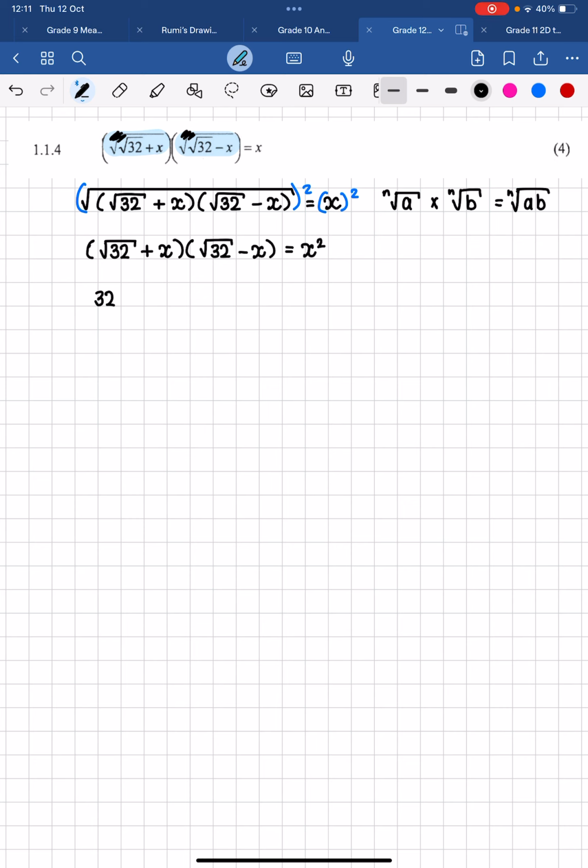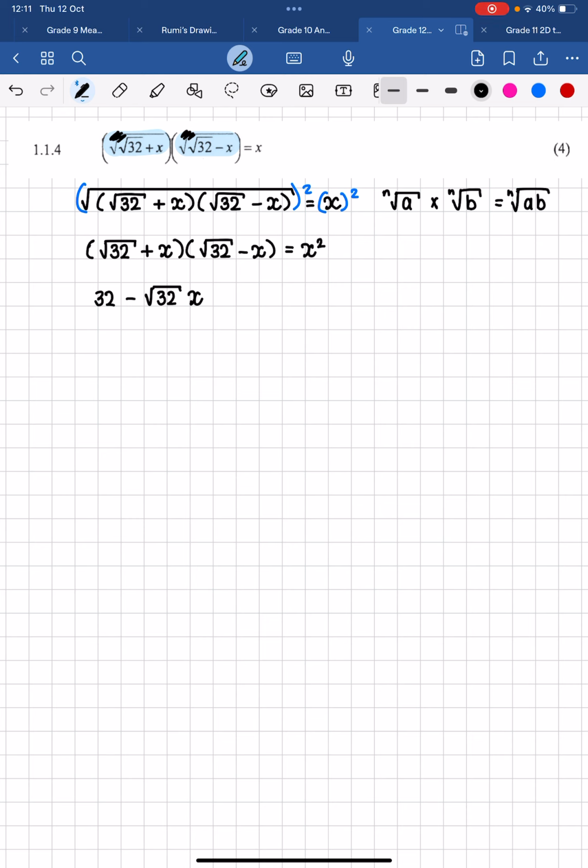When you're multiplying something by itself, you're squaring it. Then we're doing outers. So negative x times the square root of 32. You can write this in any order, but we usually put the number in front of the variable, so we're going to write it like that. So those are the outers.